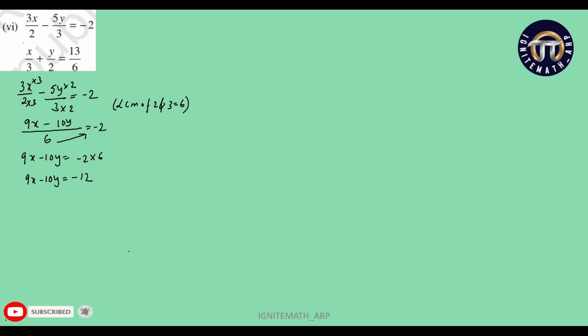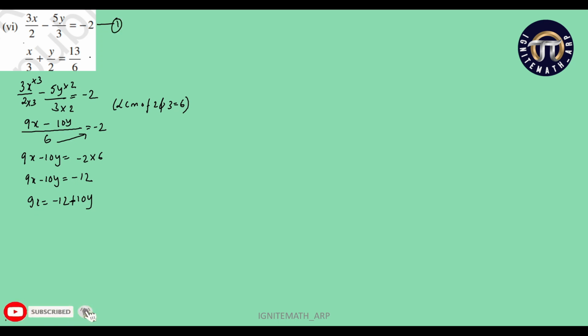Okay. So later what I'm going to do, either I have to make x the subject of the formula or y the subject of the formula. Clear, children? So later I will make the subject of the formula as 9x is equal to minus 12 minus 10y. Minus 10y goes to the other side, becomes plus 10y. Clear?